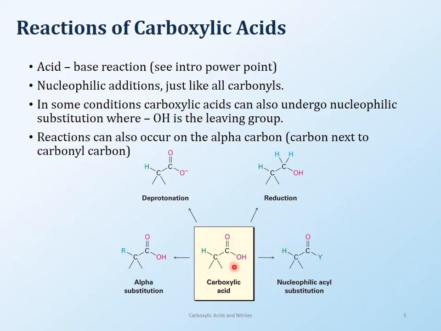Which means that OH now is going to be the leaving group, okay? And so once it leaves, you have whatever you're trying to substitute over here. Now, remember, OH is not the best leaving group, all right? So there are only very few reactions that you can do for substitution over here. The last reaction that we talk about in carboxylic acids is the one on alpha carbon.